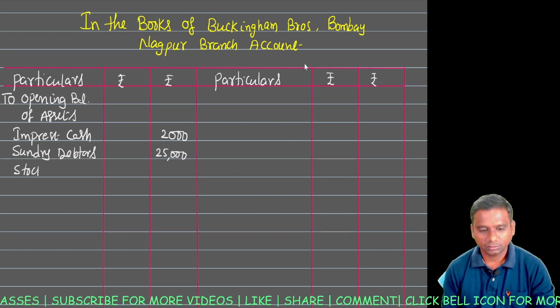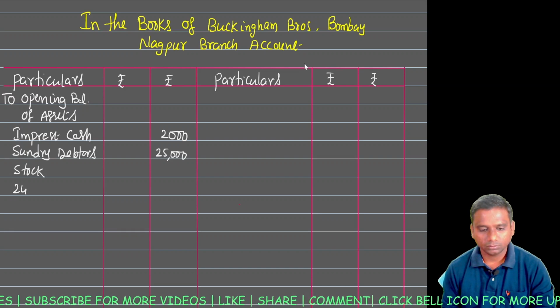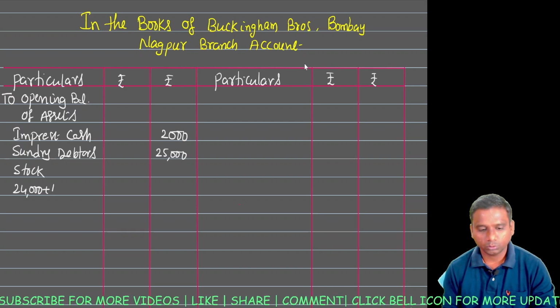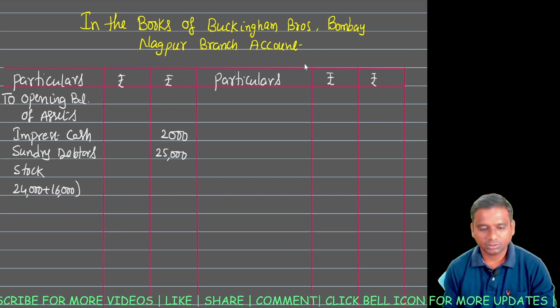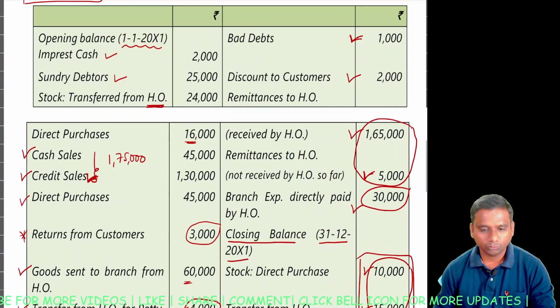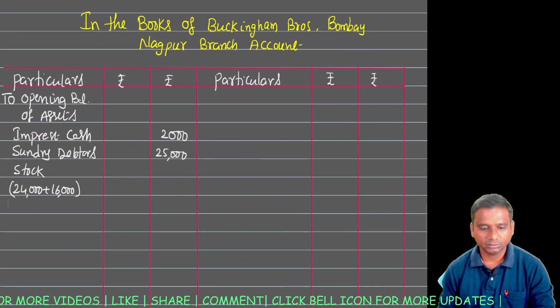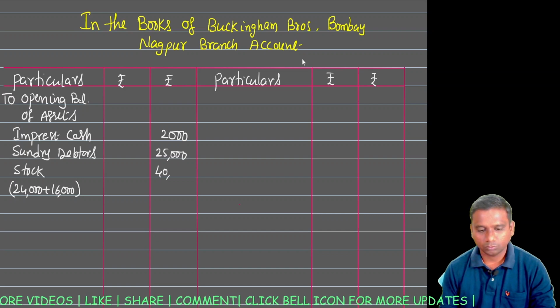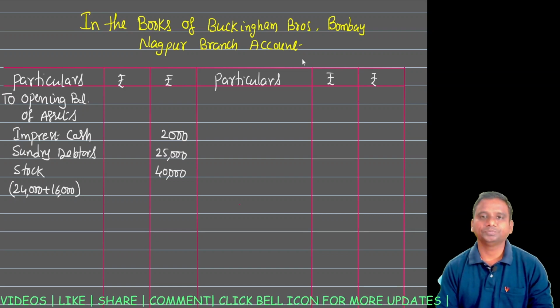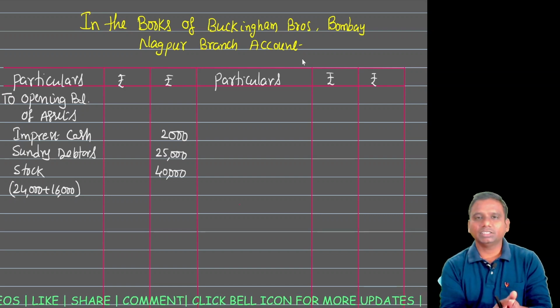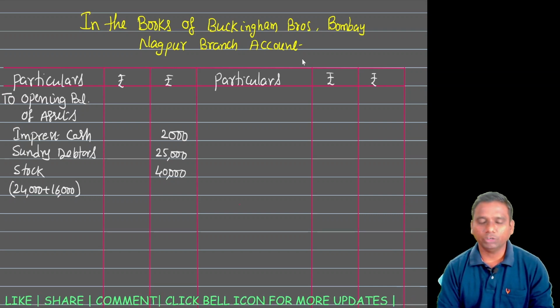Next, stock we have 24,000 plus 16,000. 24 plus 16 only? Yes. So total 40,000. That's it. Opening assets we have written, but opening liabilities we don't have.